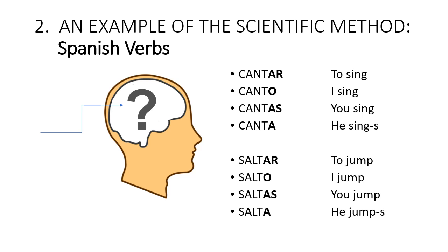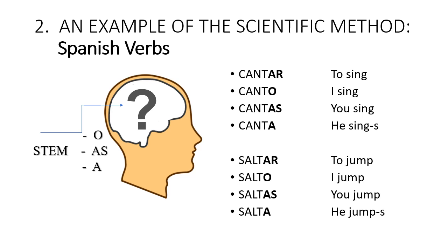Now to that stem we add some endings, and this is what we call the personal endings. So we add O for the first person, we add AS for the second person, and we add A for the third person, and that's how we get canto, cantas, canta. Similarly for saltar, we will get salto, saltas, salta.